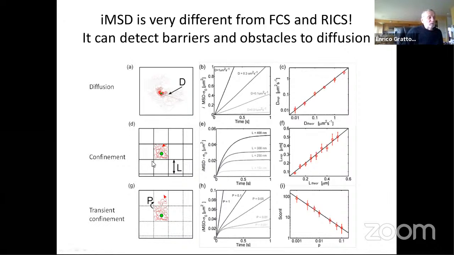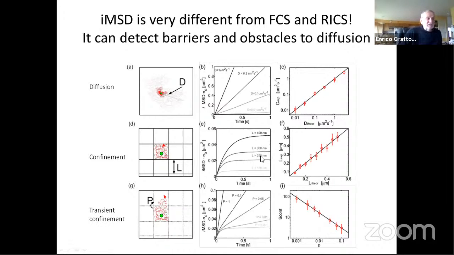If you have confinement, what happens is the following: the particle will start to move exactly the same, but then cannot go as far as the diffusion would drive it, because it is confined. So, for example, if they are confined to stay in 400 nanometer, we will get that the maximum distance will be 400 nanometer.